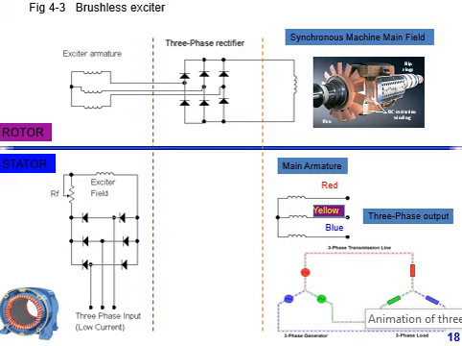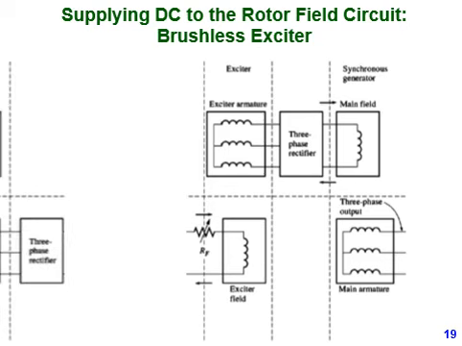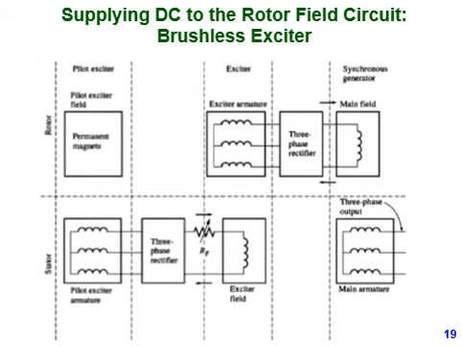As you can see from the diagram, the three-phase transmission line has a three-phase generator and a three-phase load. So this is basically the diagram of a three-phase generator. Similarly, a permanent magnet, as we discussed earlier, can be used in the case of the rotor.